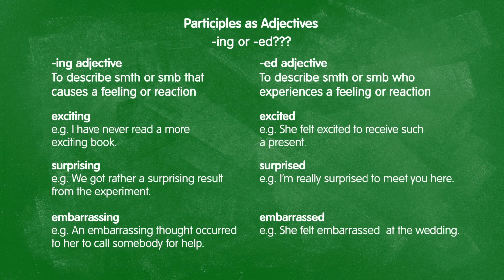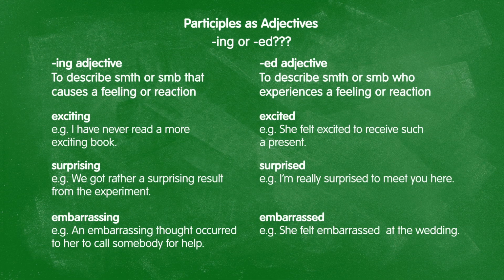The next words, surprising and surprised. For example, we got a rather surprising result from our experiment. Here, describing the result. Or, I'm really surprised to meet you here. Describing myself, I am surprised. Or what about embarrassing or embarrassed? Here, an embarrassing thought occurred to her to call somebody for help. Now, be careful.